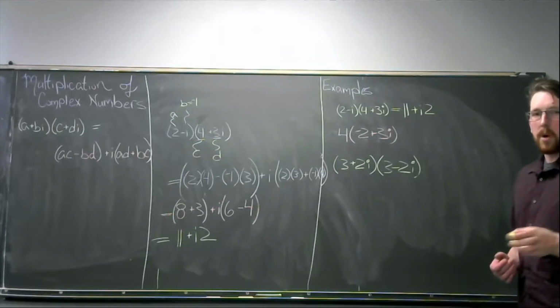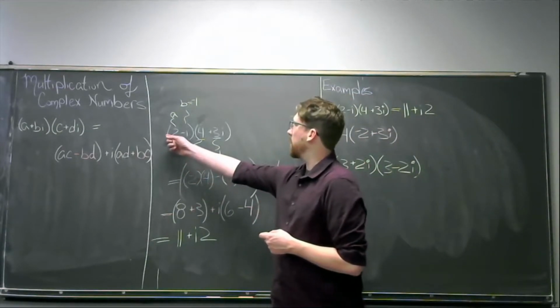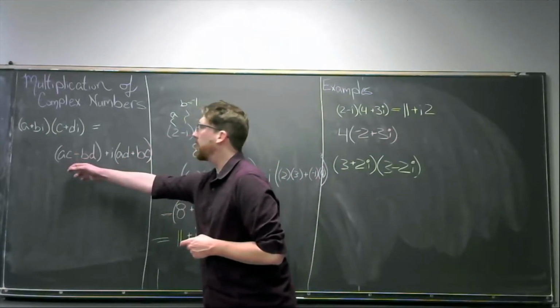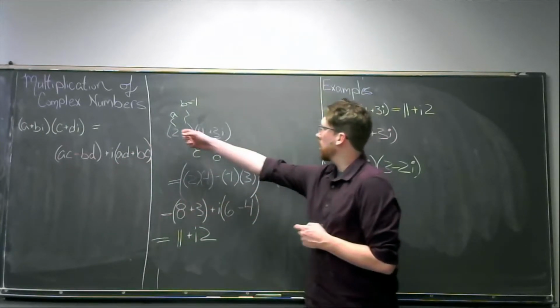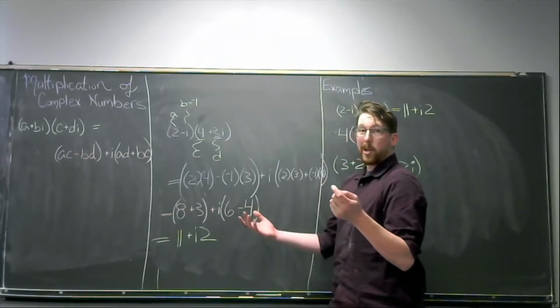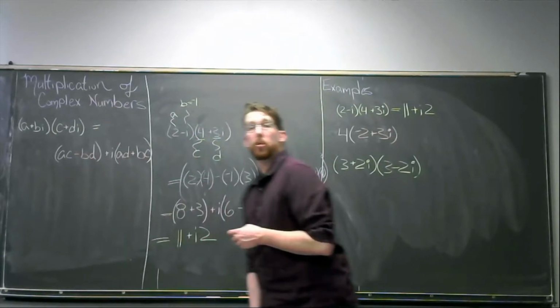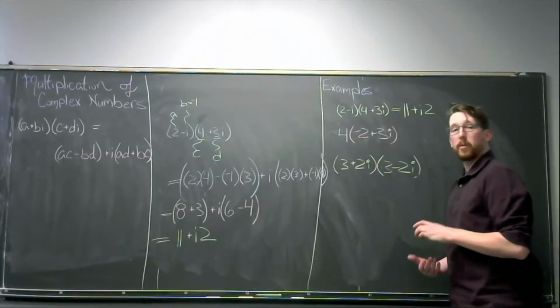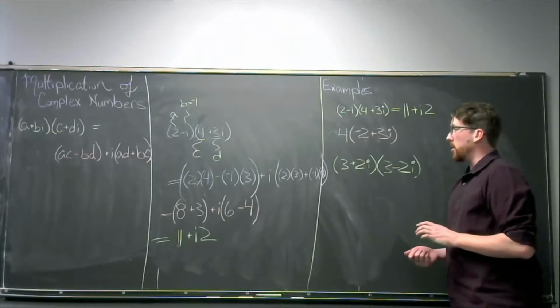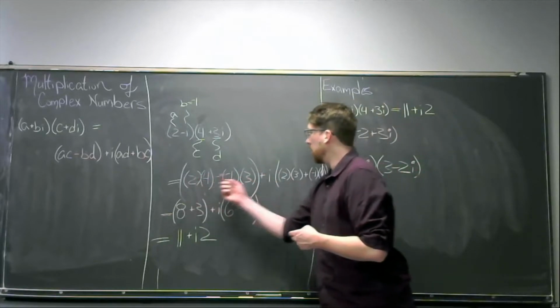So why is that? What happened here? Well, we went through, we identified what our a, b, c, and d were, right? a, b, c, d. We said knowing that, we can just throw those values through this identity, this formula that we have. When we do that, we get this mess.